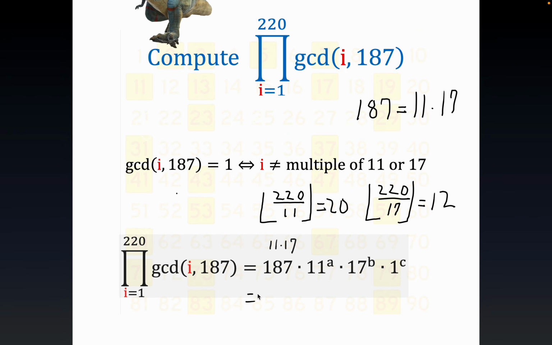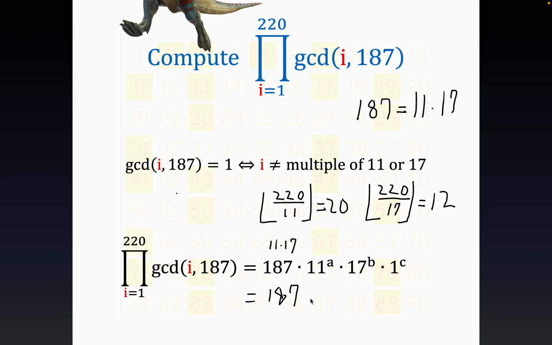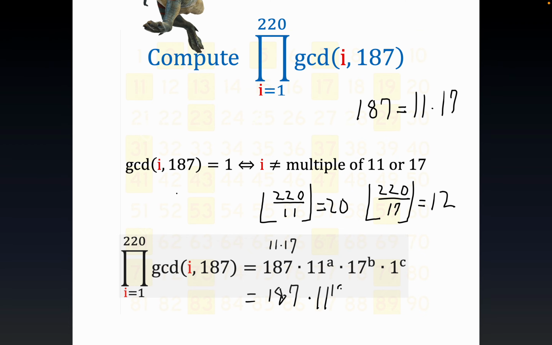Now, notice what happens here, though. You're going to get 187, and then this will be 11 raised to the 19th. And this will be 17. That's a 19, folks, right there.